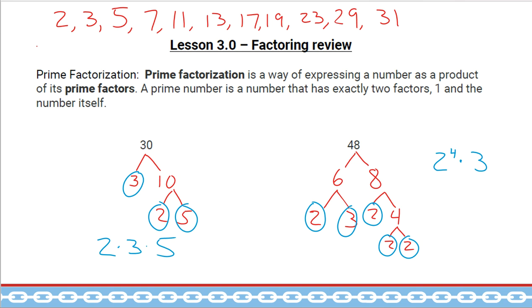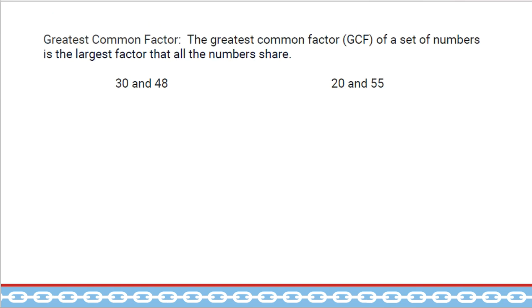Here is my prime factorization for 30 and 48. 30 has a prime factorization of 2 times 3 times 5, right? 48 had a prime factorization of 2 times 2 times 2 times 2 times 3.